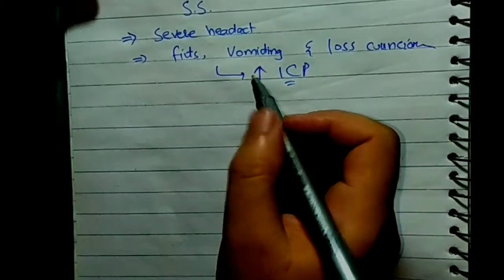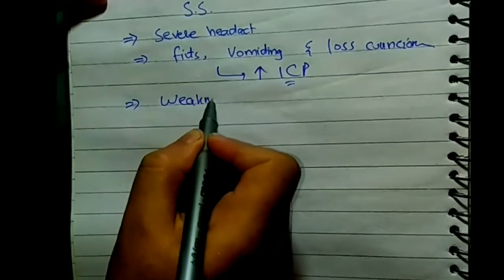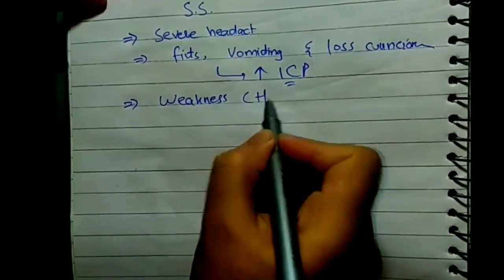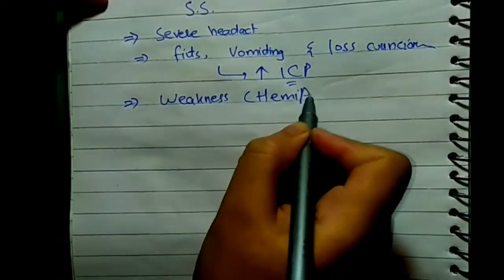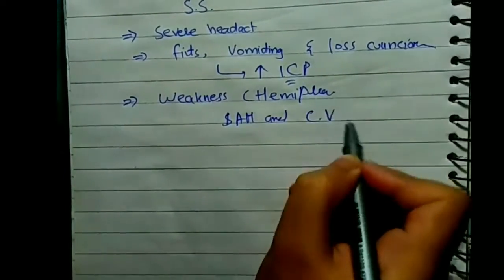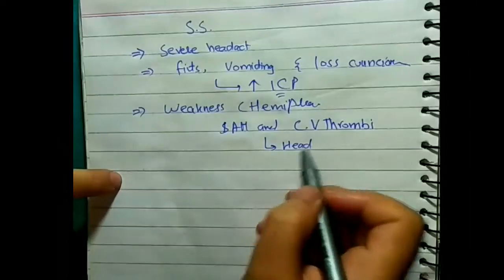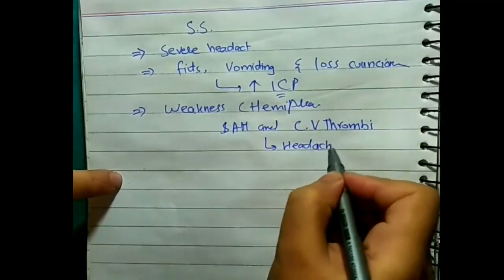Similarly, there are signs of weakness, such as hemiplegia, due to pressure effect. Pericranial hemorrhage and cerebral venous thrombosis are conditions mostly associated with headache.